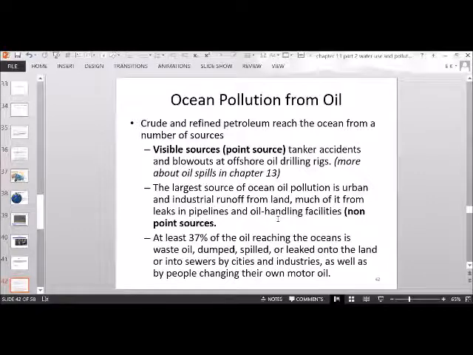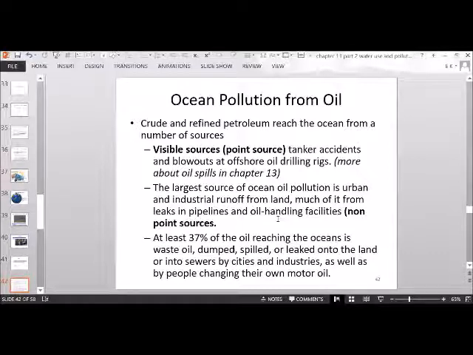The largest source of ocean pollution is urban and industrial runoff from land, much of it from leaks in pipelines and oil handling facilities. And that would all be non-point sources unless you could actually find a particular pipeline and a particular leak, then that would be a point source.